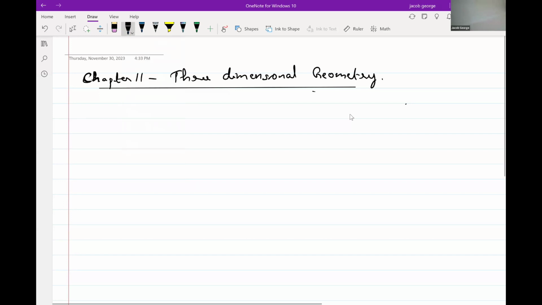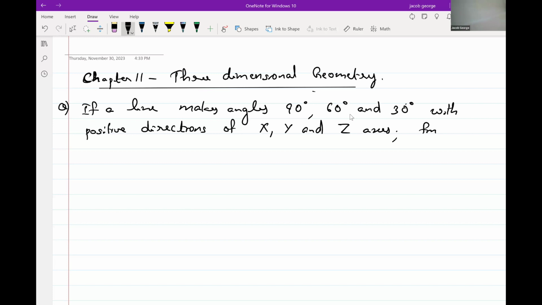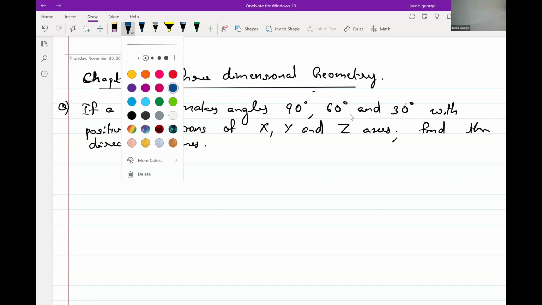If a line makes angles 90 degrees, 60 degrees, and 30 degrees with the positive directions of the x, y, and z axes, then find the direction cosines.